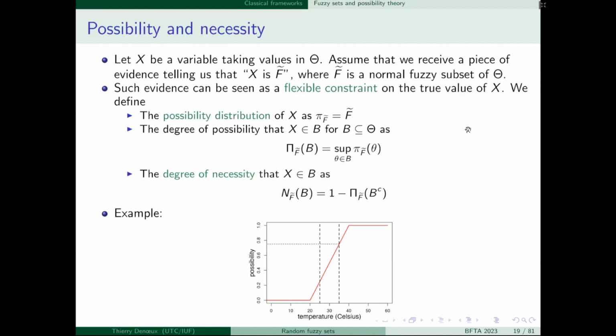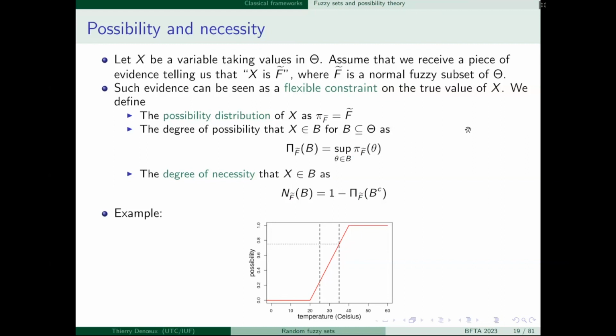Okay, so you take the maximum, here it's the maximum because that function is continuous. You take the maximum of the possibility inside that range, and you see it is 0.75. Okay, this is what Sir Martin showed yesterday, because he talked about possibility measures, or possibility theory. So here you don't compute an integral. There is no differential element. It's just an optimization problem because we just take the maximum.